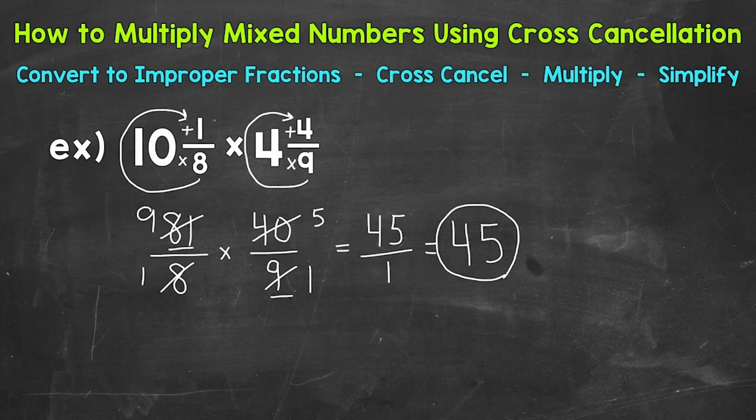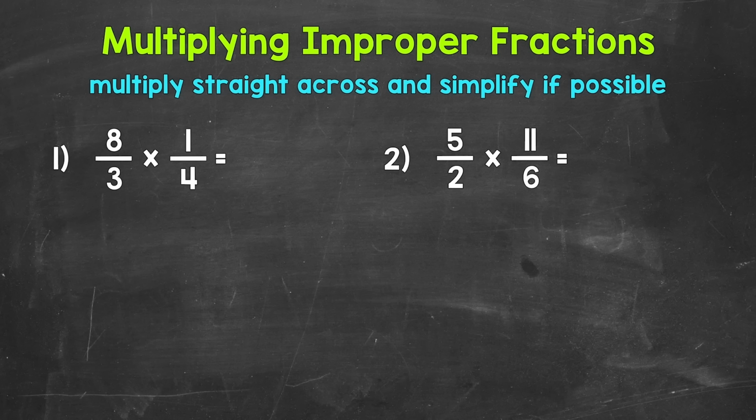Let's move on to multiplying improper fractions. Now we will take a look at how to multiply improper fractions. So, how to work through a multiplication problem involving one or more improper fractions. Now, we go through any problem involving improper fractions the same way we do with proper fractions.